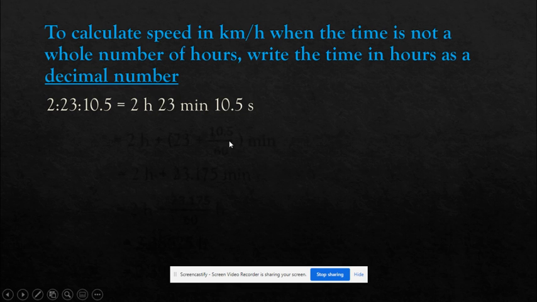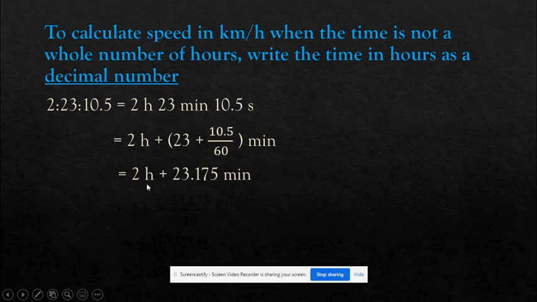Okay, next step is we're going to go 23. So we've got our 2 hours, and then we're going to go 23 minutes. The next part is going to be out of 60 because these are seconds. So how many seconds are in 1 minute? 60. So we're going to put 10.5 over 60. Okay.